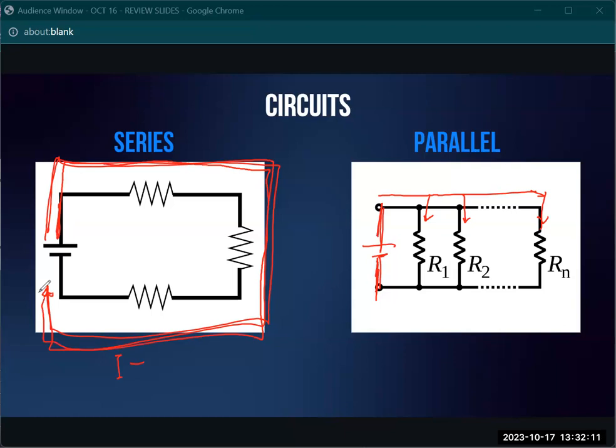Tapos, yung voltage, yung cumulative voltage for each resistor, V sub 1, V sub 2, V sub 3, ang total voltage ng circuit na to is just their sum. Ganun din sa resistance. Sum lang.